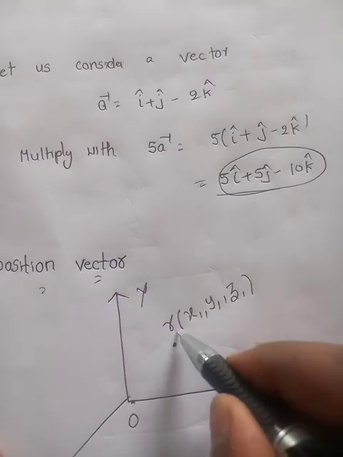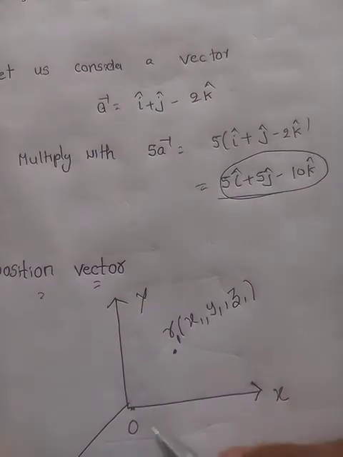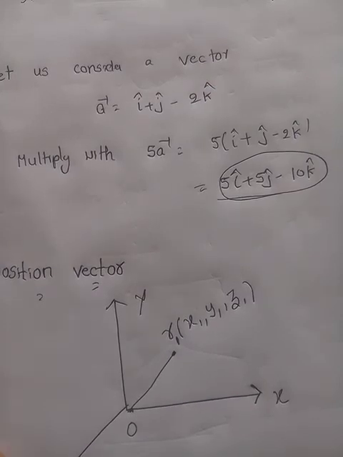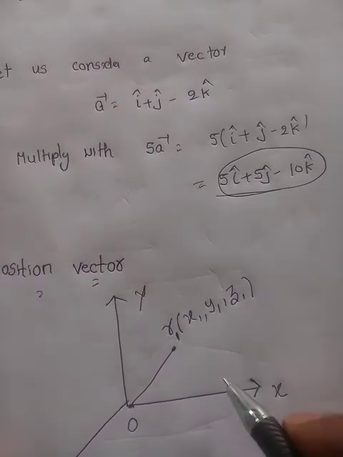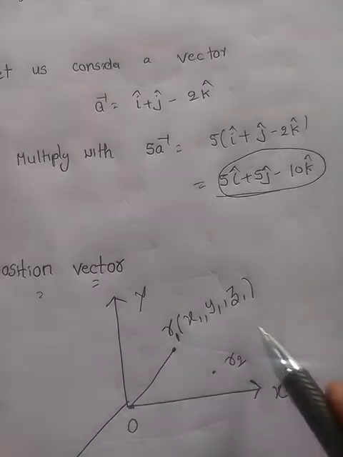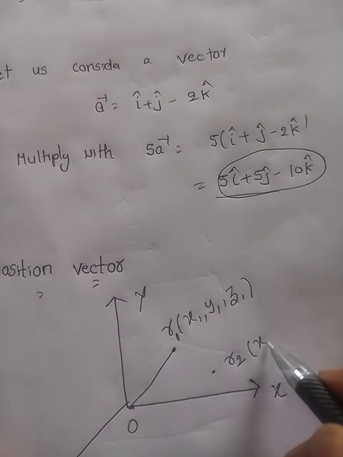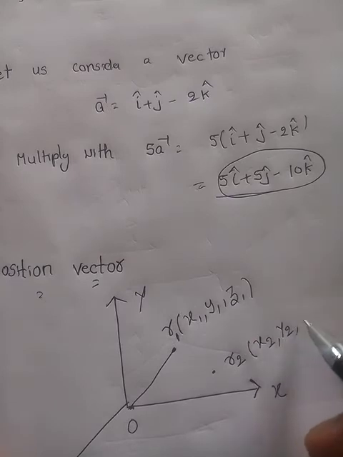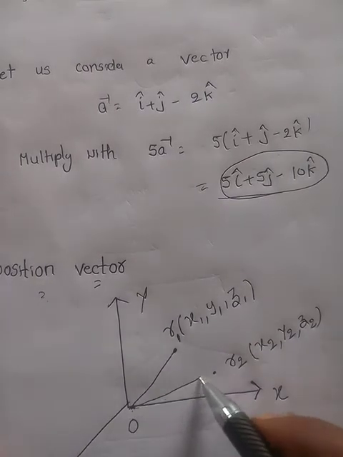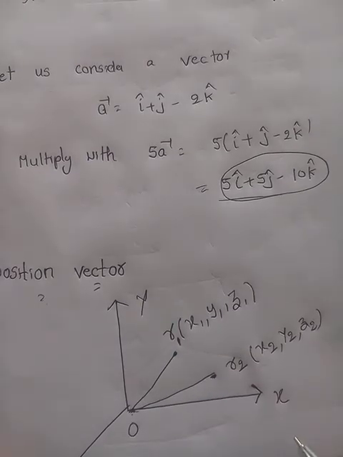I consider that the initial position of the particle is r1. This is the position of the particle with respect to the origin. Now after some time, it travels to r2. Now the position coordinates have changed, right? x2, y2 and z2. So this is the position of the particle from the origin.